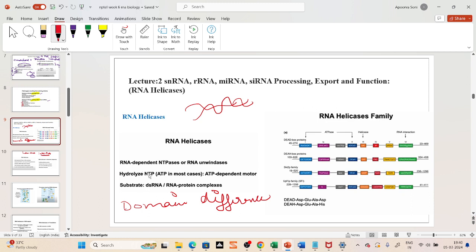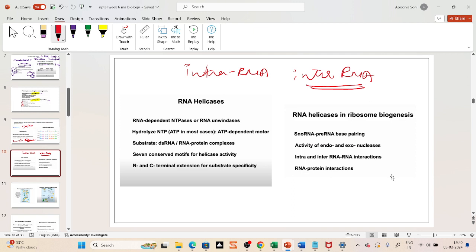It hydrolyzes ATP, and with that energy it acts on its substrate. Its substrate can be double-stranded RNA or RNA-protein complexes, anything. Then there are different RNA helicase families, and each has an ATPase domain, a helicase domain, and an RNA interaction domain. Now we'll see what the function of RNA helicase is.